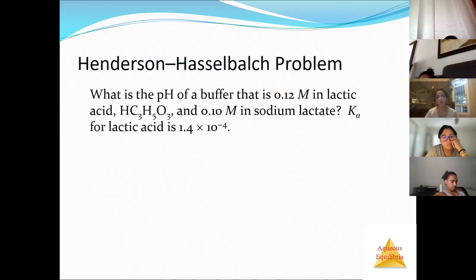So which number of the concentrations goes on top of which other number? Oh, so it would be 0.10 over 0.12. Exactly. And I also have to take the negative log of the Ka to get the pKa.